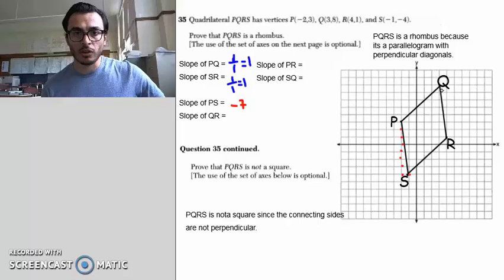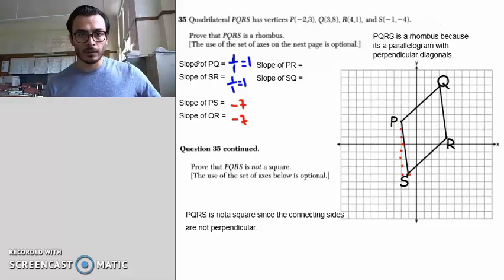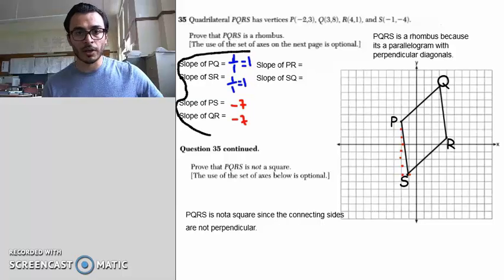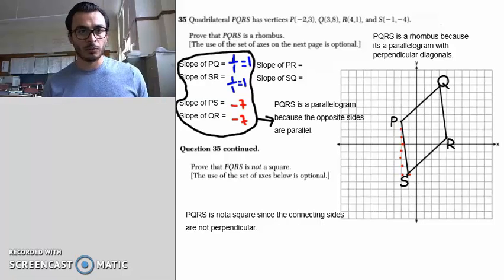The slope of QR is the same, -7. So this information right over here actually proves that it is a parallelogram, which is what I need to do first, the way I'm working out this proof. So this proves it's a parallelogram because the opposite sides are parallel.